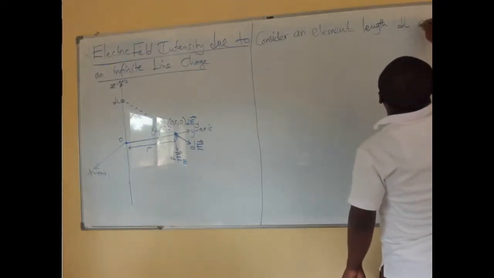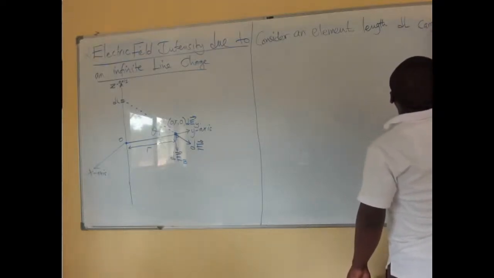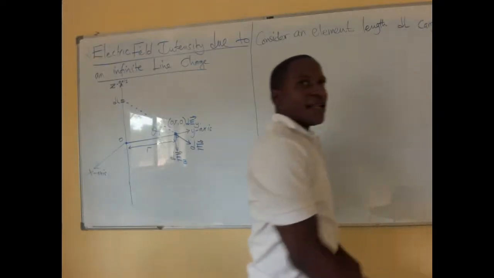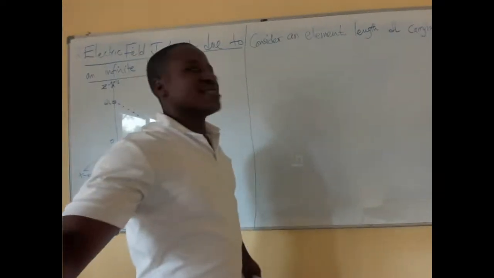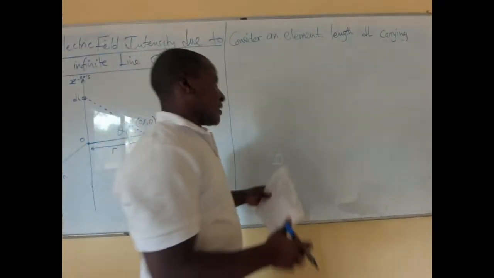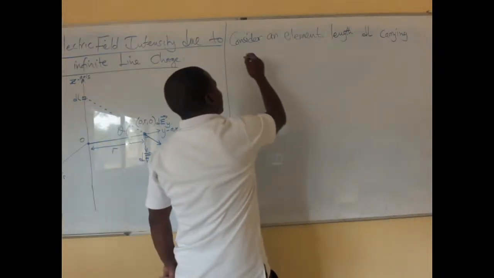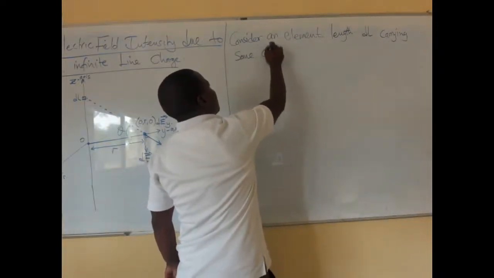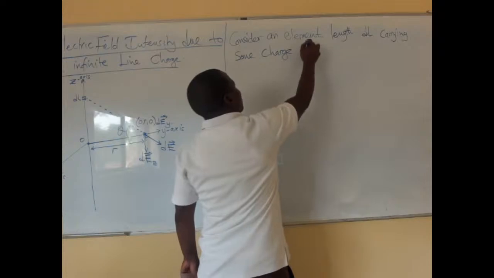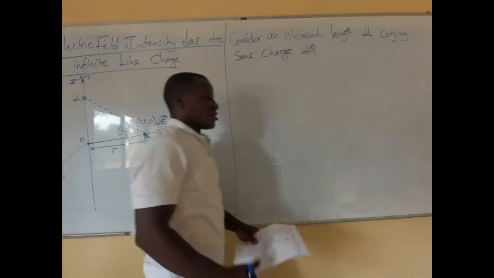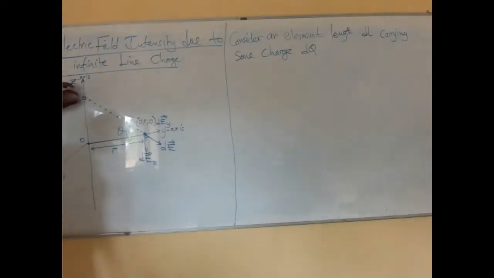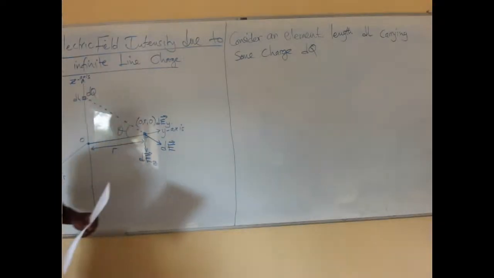This dL is carrying some charge, and this charge we shall call dq. So we have this small element here, which is carrying the charge dq at this point.